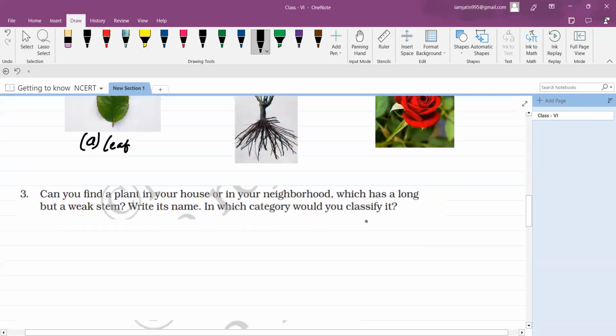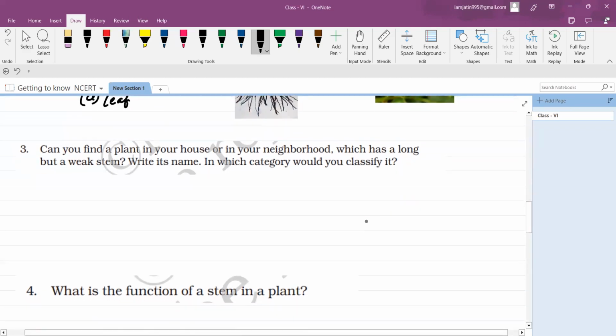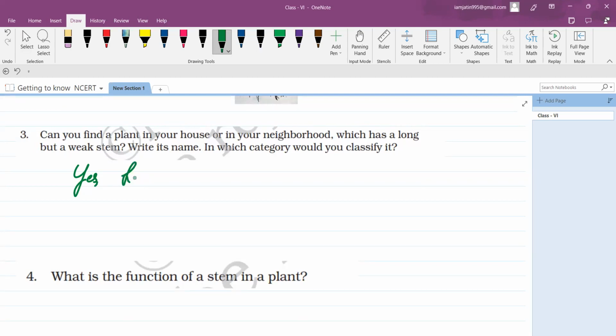After that, the next question is: can you find a plant in your house or in your neighborhood which has a long but weak stem? Write its name. In which category would you classify it? So you must have seen a plant which has a weak but long stem. Yes, there is one in my neighborhood, the loki, also called the gourd.